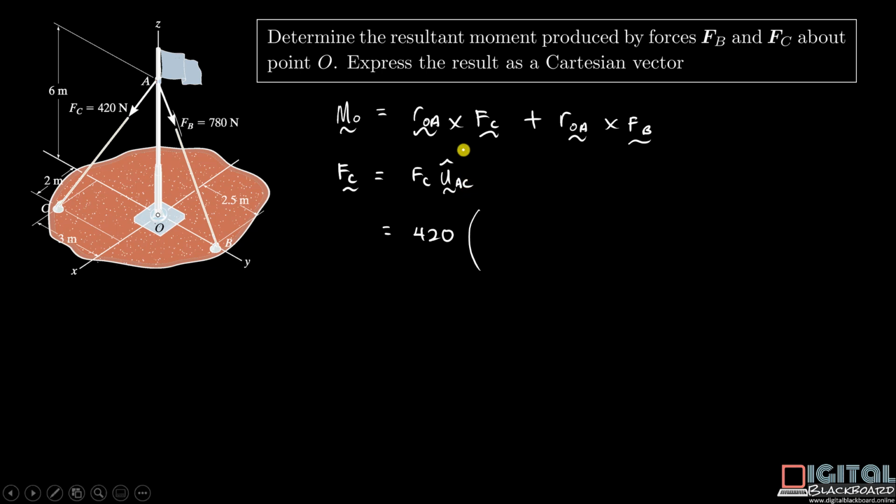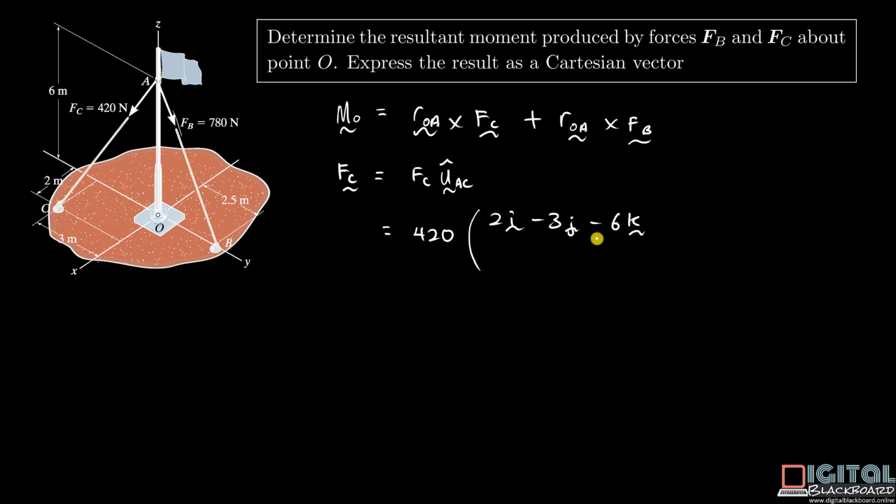Now for this, AC moves in the positive x direction by 2 units. So we put down here 2i. And it also moves in the negative y direction by 3 units, so minus 3j. It moves downwards in the negative z direction by 6 units, so minus 6k.